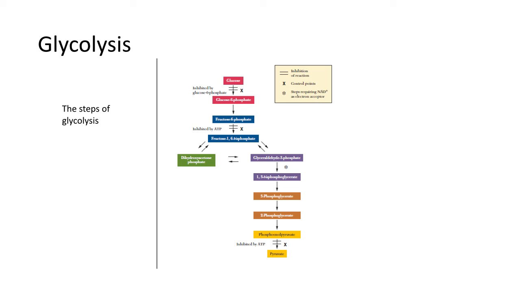And these are the different steps where glucose, remember glucose is a 6-carbon molecule, has phosphate groups attached to it. We transform those materials and ultimately split the 6 carbons in the glucose into 2 separate pieces.